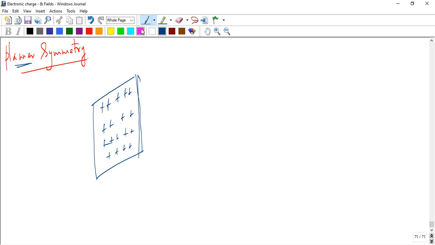The suitable Gaussian surface looks like a parallelepiped, a 3D cuboid. These three lines are equal.